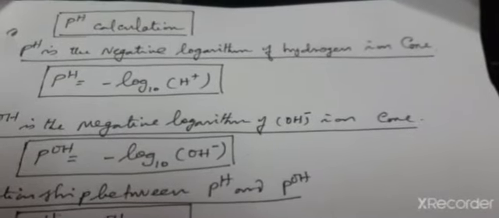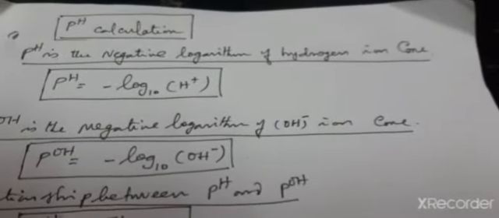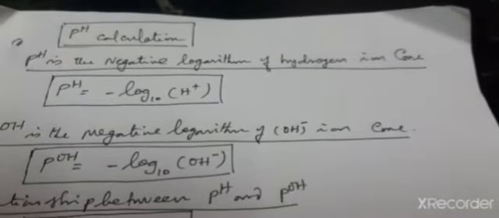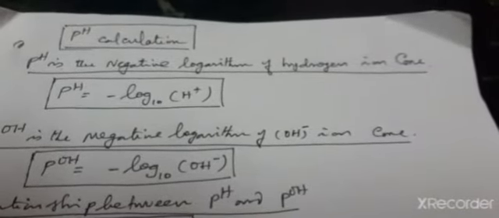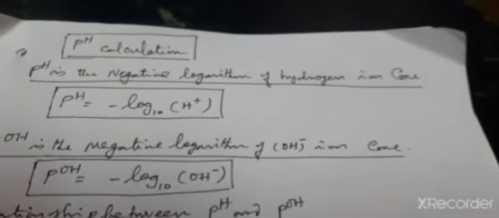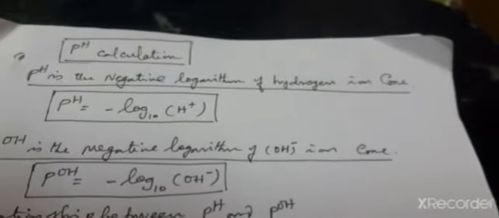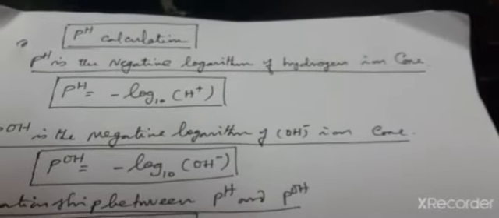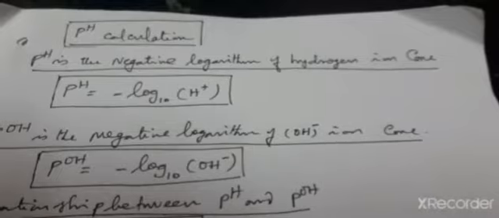If hydrogen ion is there, that is going to be acidic in nature. Hydroxyl ion means that is basic in nature. Depending upon the concentration, the pH scale is used to measure the hydrogen ion concentration to find out whether the given solution is acidic or basic.